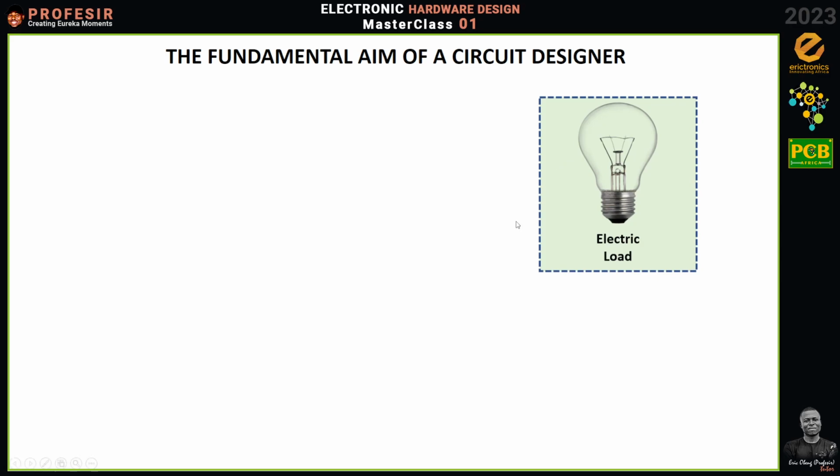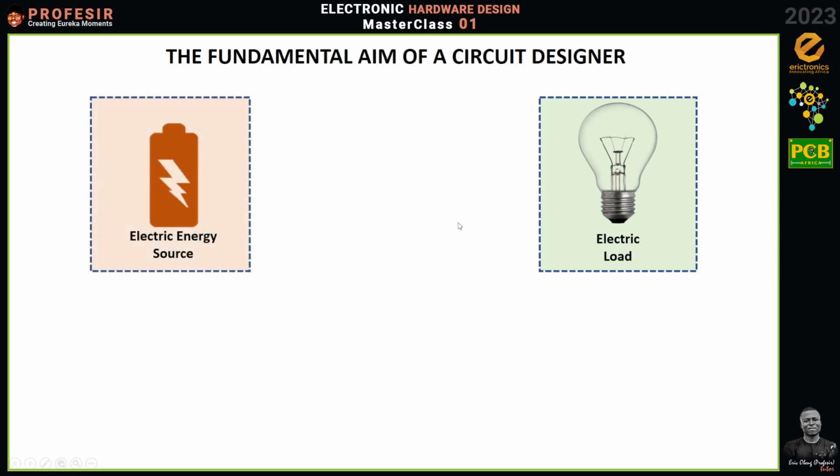Now, we want to move energy from an electric energy source, which could be a battery, to the load so that this light bulb can turn on. Basically, that is what we do as electronic systems designers. So how do we do that? How do we move this energy from the source to the load?